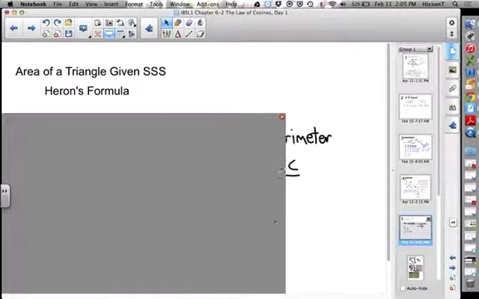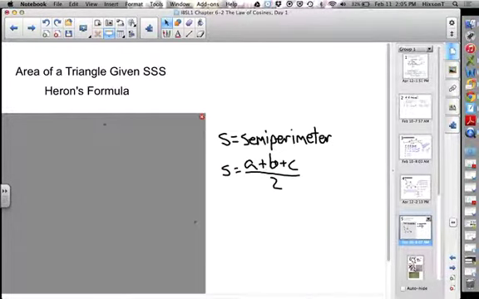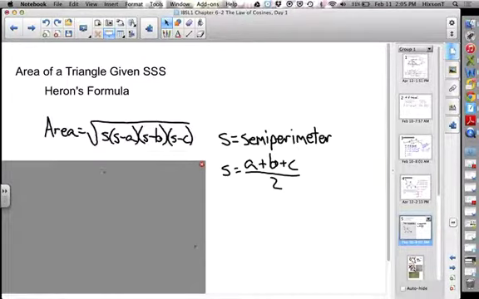Half the perimeter, okay? So we need to define this variable s as the semi-perimeter. It's half of the perimeter, okay? Complicated formula. Yeah, okay? In case you forget what the word means, there it is, okay? You add up the sides, divide by 2. That's your semi-perimeter. Now, we're going to use that in Heron's formula here, okay?